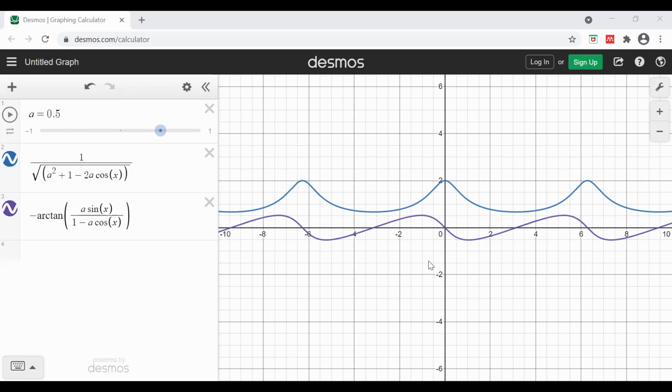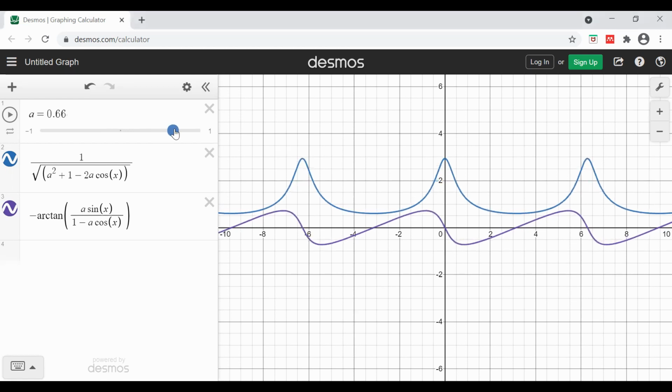The low frequency of this signal is represented by the function value around 0, and the high frequency is represented by the function value around π, or around 3. In this case, if we change our a, it will have a higher low frequency component, so it's stronger in the low frequency compared with the high frequency.